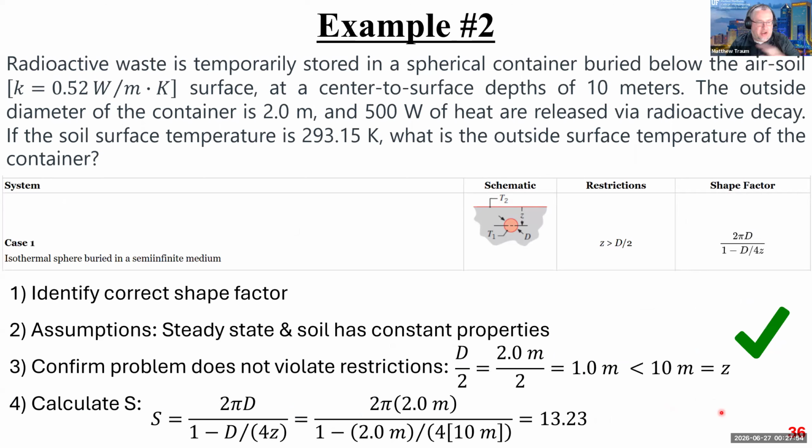Example number two is a shape factor problem. So for this one, I have radioactive waste. It's temporarily stored in a spherical container buried below the soil surface, but I give the K value of the soil, which is 0.52.